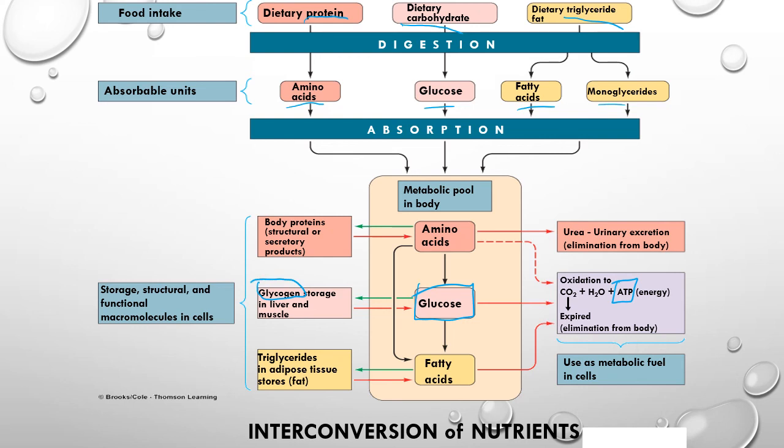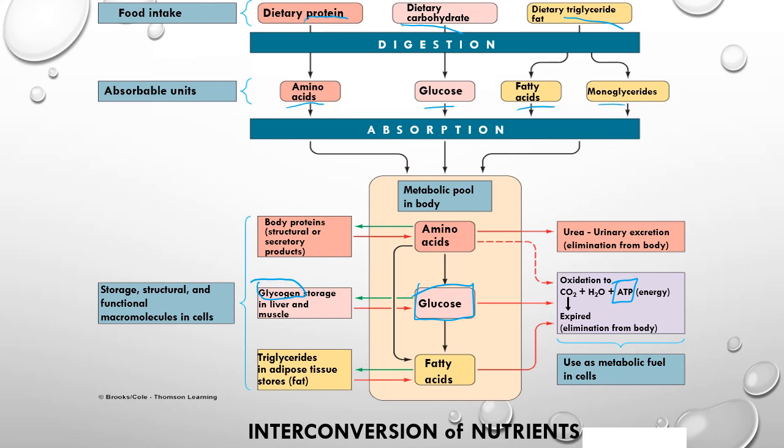For the amino acids, if we're eating a high protein diet, things are going to come out that way as well. We can put them away into our body as the proteins that we need, but if we're getting more amino acids, say you're eating a low carbohydrate diet and you're getting all amino acids and fatty acids as your diet, and you're cutting out the glucose, that means that any excess amounts of amino acids beyond what you're utilizing for your normal protein synthesis can be used for ATP production.